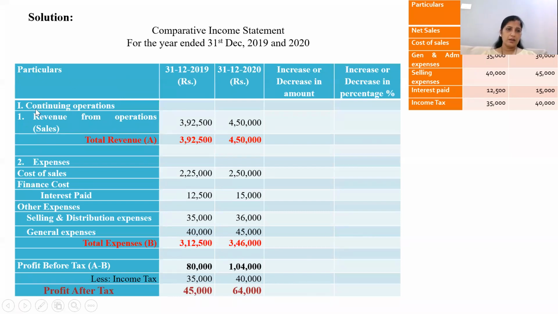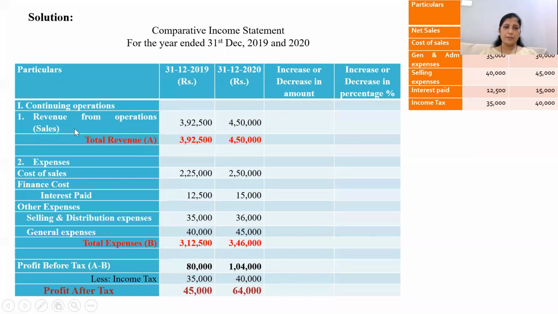Okay, now in this continuing operations, first one is revenue from operations, that is sales. So here in this small corner you are seeing the particulars. The orange color you are seeing is the problem which I have copied from the previous slide.